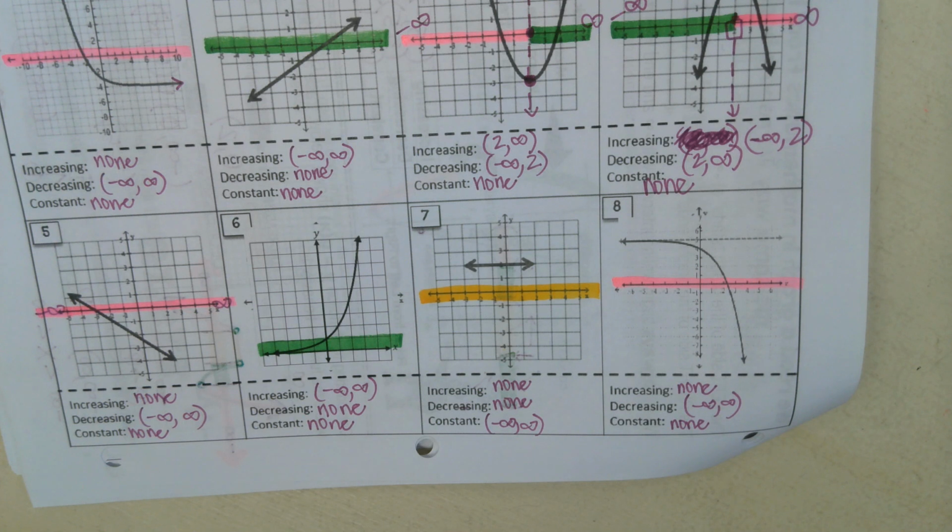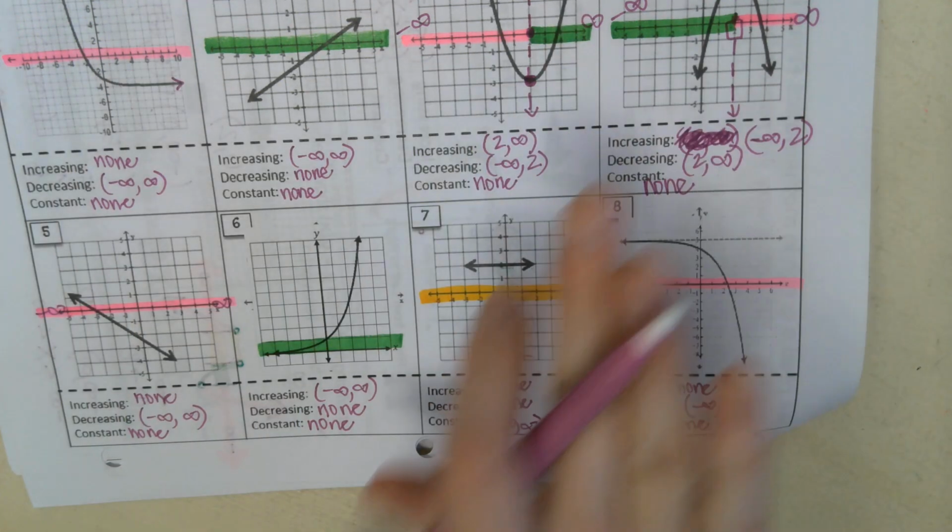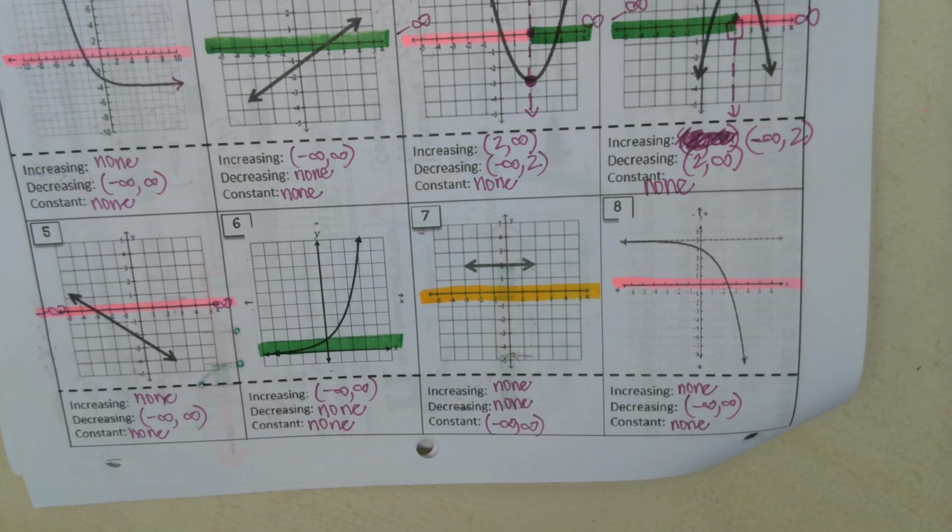Which 2 of these functions would you say have some similarities? 8 and 1. Okay, yes, so I just mean like what function families? Number 4 and number 3. All right, 5, 1, 8. What do linear functions and exponential functions have in common as far as my intervals of increase, decrease, or constant?